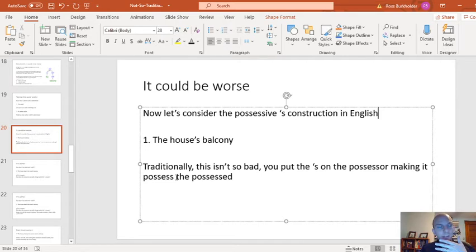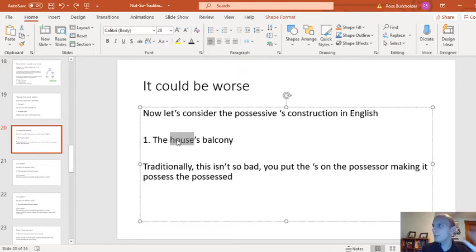Probably what traditional grammar says about this is that you put the apostrophe S on the possessor, the thing that's doing the possessing, in this case the house, and it possesses this second thing. Here's one noun, house, that's the possessor. Here's the second noun, balcony, that's the possessed. And you put the apostrophe S on the possessor like this.